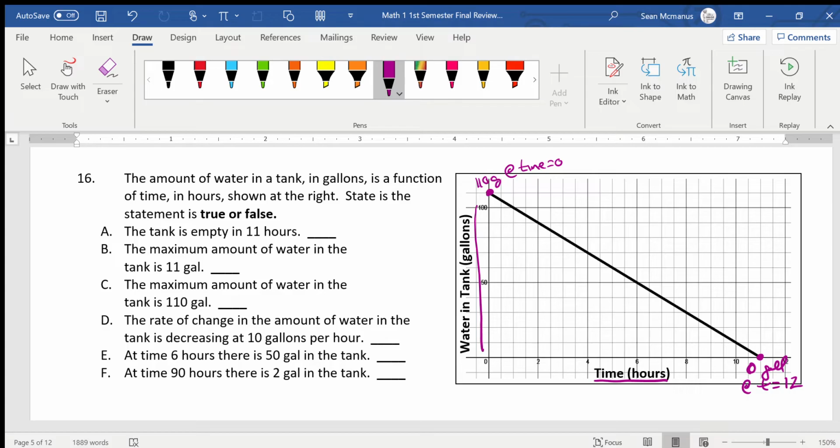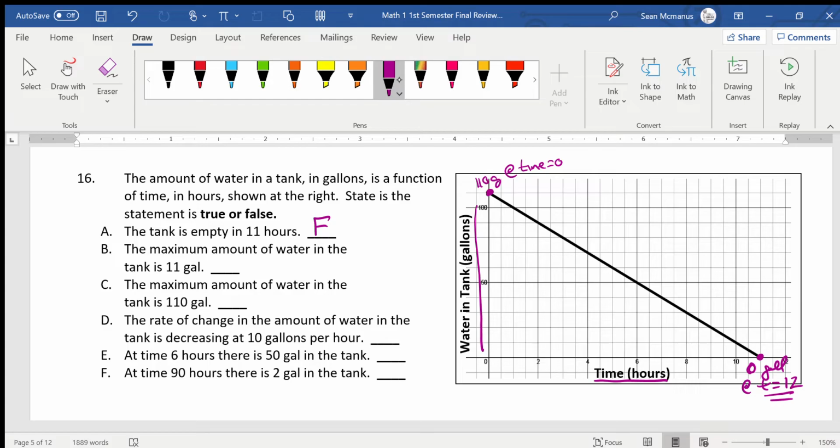So that's kind of what we have. Let's see, we can figure out the slope. I bet that's going to be part of this too. Okay, the tank is empty in 11 hours. That is false, right? We just saw over here the tank is empty at 12 hours, not 11. The maximum amount of water in the tank is 11 gallons, right? I wonder if that's supposed to be at 11. I don't know.